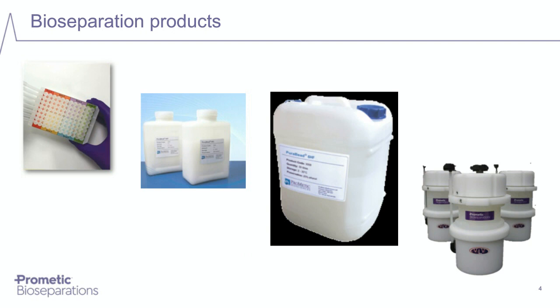We also supply smaller amounts of materials, either in packed columns or in slurry packs for use in process development. We, of course, supply large amounts in bulk quantities for use in large-scale bioprocessing. And recently, we've launched our own range of pre-packed GMP-ready chromatography columns called Evolve-D for use in continuous processing, continuous chromatography.